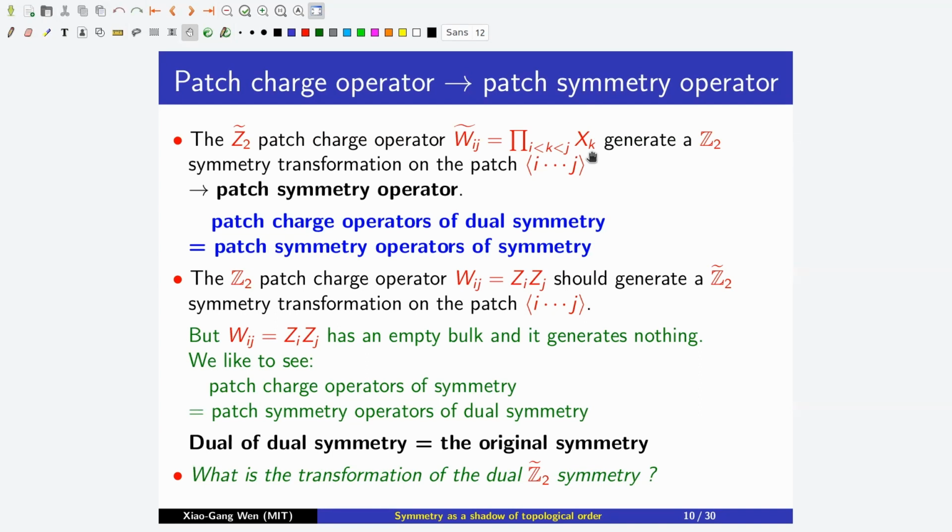At the beginning you choose an operator called the patch symmetry operator. Then you have ambiguity at the endpoint given by this local symmetry operator. Then you can define the class of patch symmetry operators, whose endpoints only differ by a local symmetry operator, and that's enough.